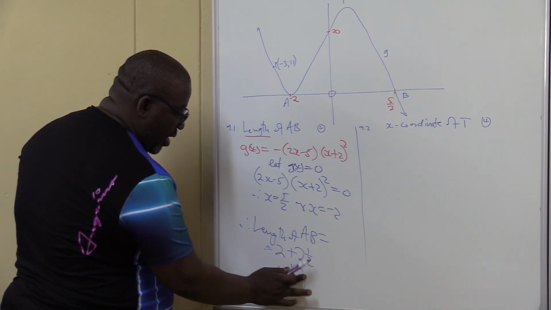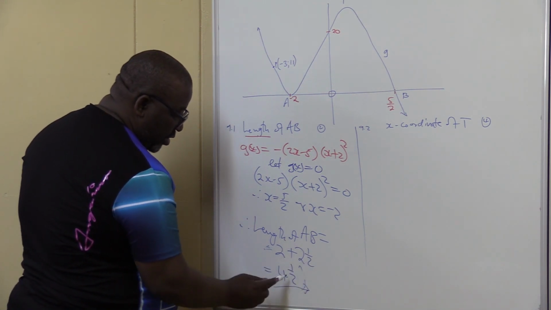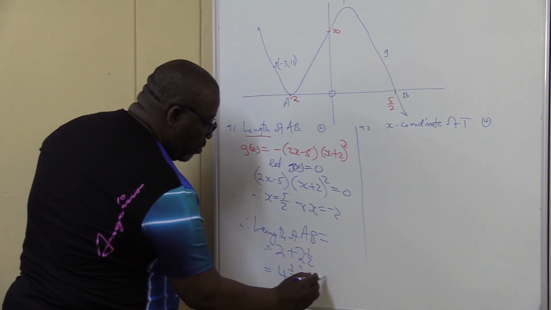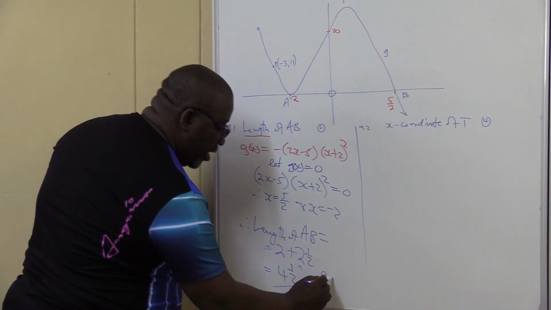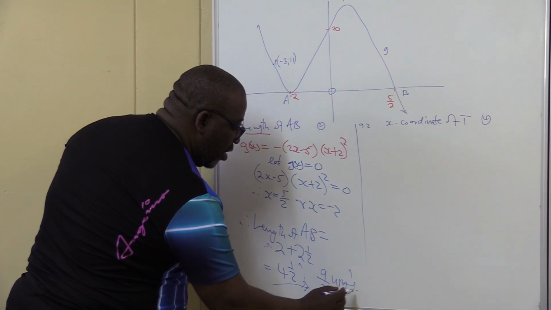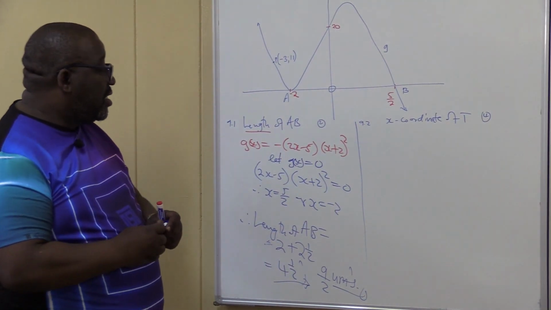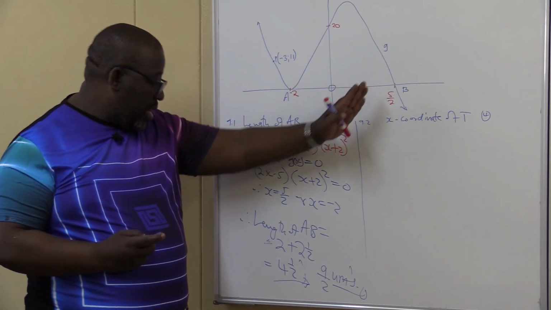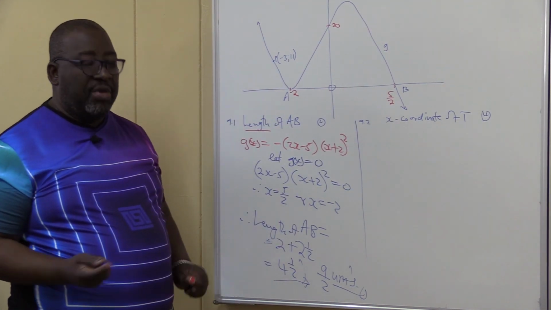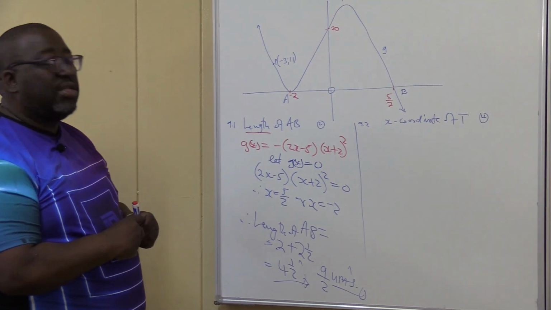Others can write, what is 4 times 2? It's 8 plus 1. Others might have an answer of 9 over 2 units. Remember, it's the distance. If you're not given whether it's centimeters or meters, you leave it as units. So the distance from here to here is 4.5 units. Don't forget to write those units.